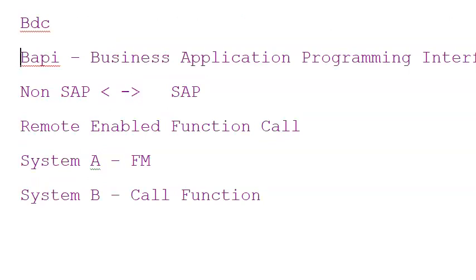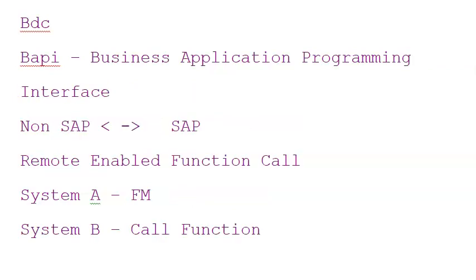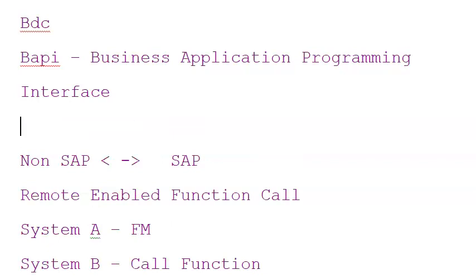It's a hybrid concept wherein it can act like a conversion and it can act like a cross application. Now what is conversion? BDC is a conversion. What is conversion? One time loading of data, one way passing of data.